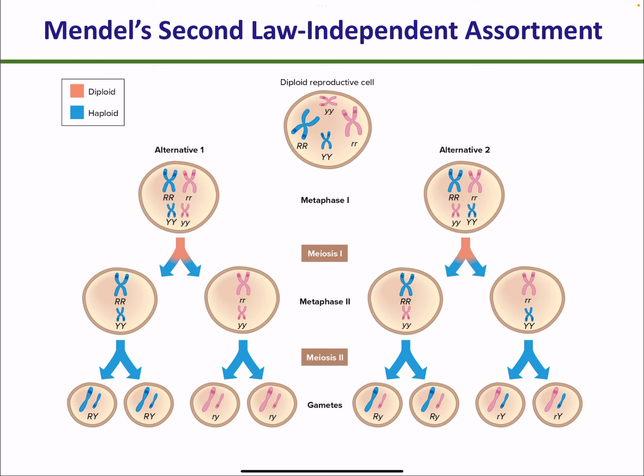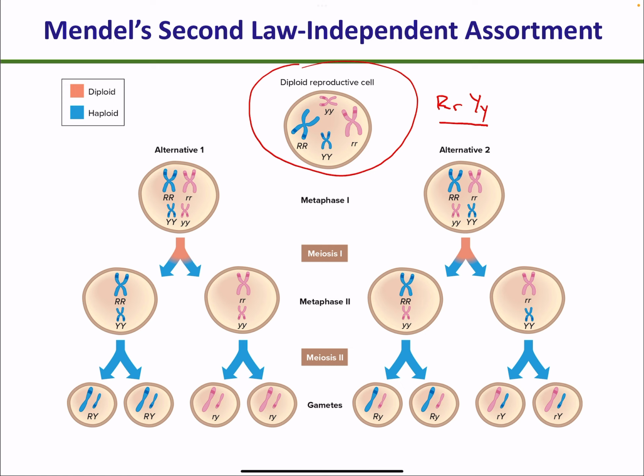Now, to show this, we have here an individual for the shape and color of seeds. That genotype is going to be capital R, lowercase r, and capital Y, lowercase y. This individual is round and yellow.